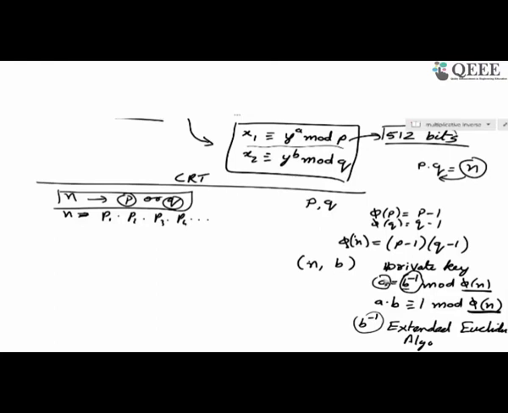So the entire security of RSA depends on the fact that P and Q are kept secret.